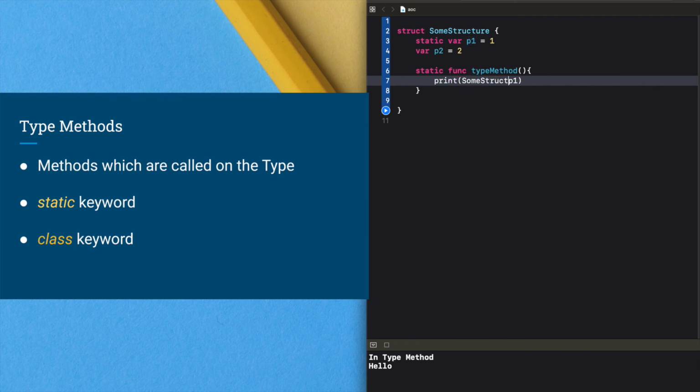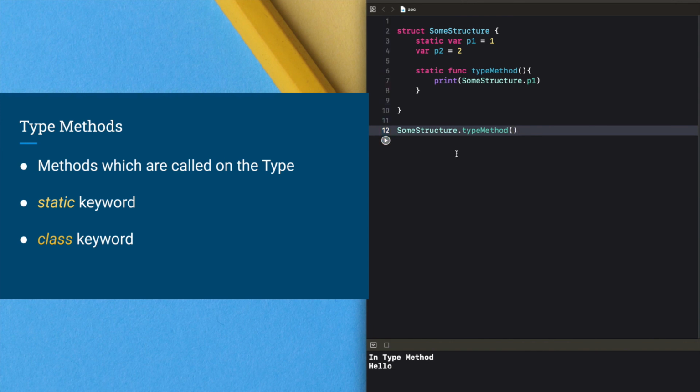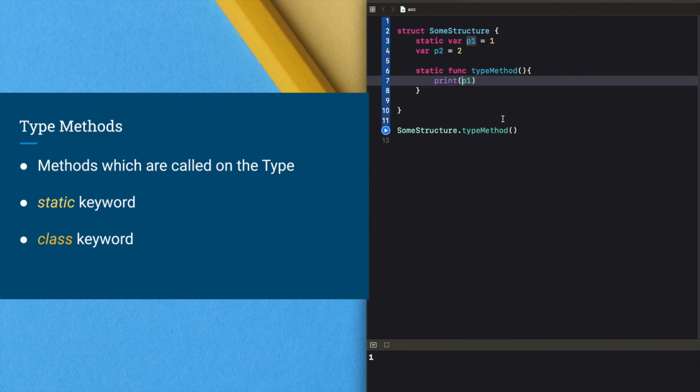Some P1, right? So we call the type property using the type name. We can also access that property without the type name, inside the enumeration or a structure.